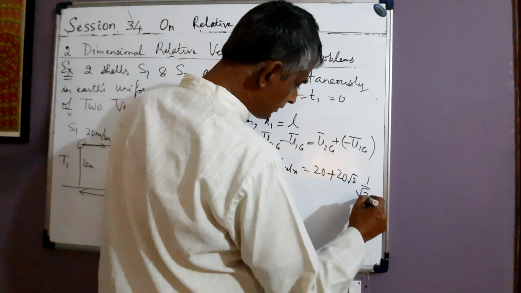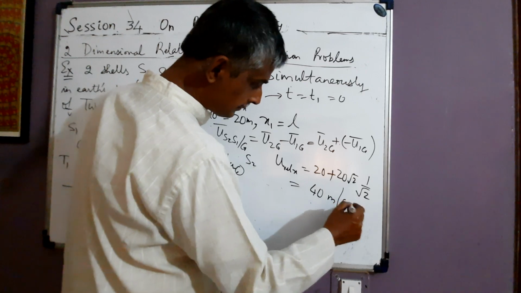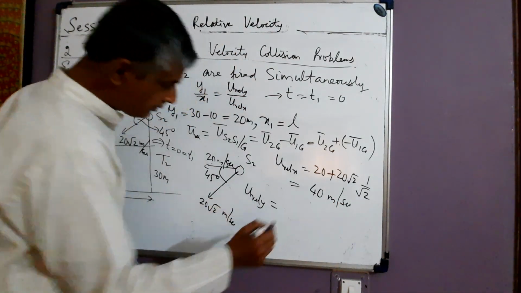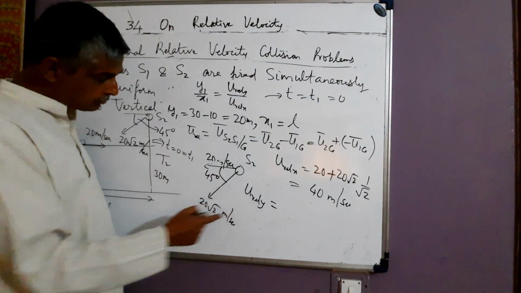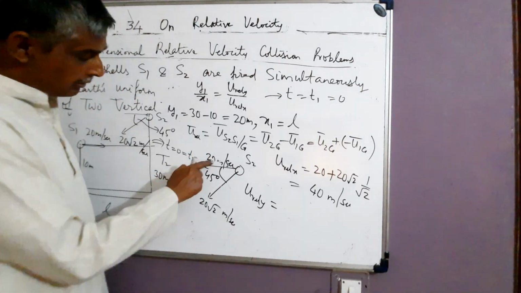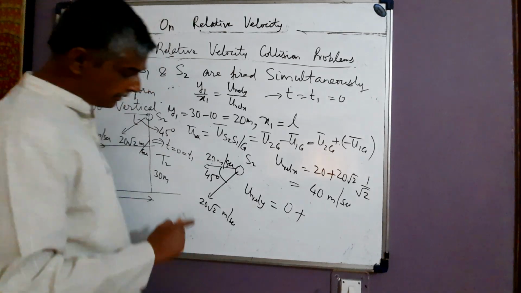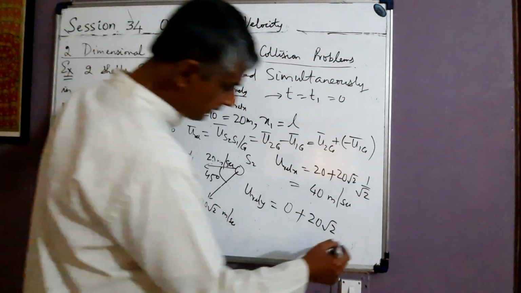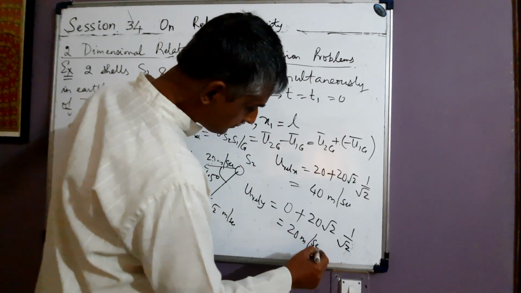Cos 45 degree is 1 by root 2. This comes out to be 40 meter per second. Now we have to determine u relative y. U relative y is the y component of sum of y components of these two. Y component of this will be 0 because this is along x axis, plus y component of this much, 20 root 2 sine 45 degree, and that is 1 by root 2. That is also 20 meter per second.